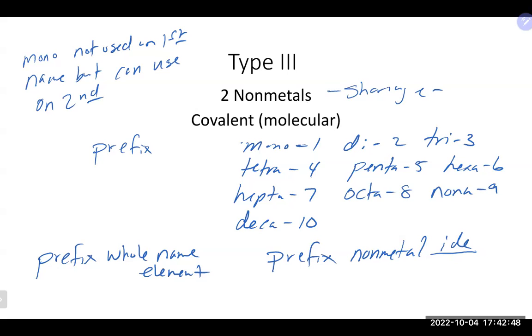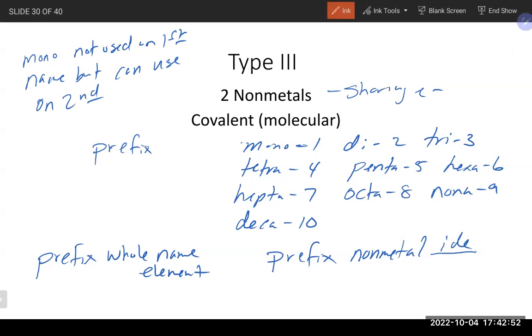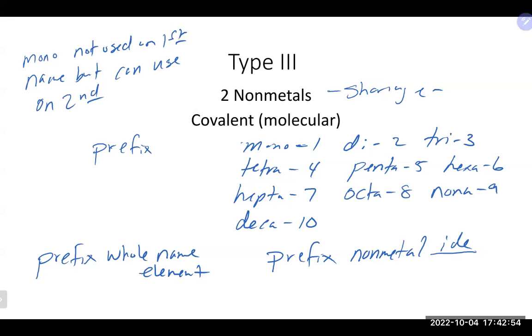The other thing that sometimes happens with our prefixes is we sometimes get a couple of vowels that back up to each other, a vowel from the prefix and the first letter of the element, commonly an A and an O, or an O and an O. And usually what we do is drop off the last letter of the prefix, the vowel, and we get rid of it.